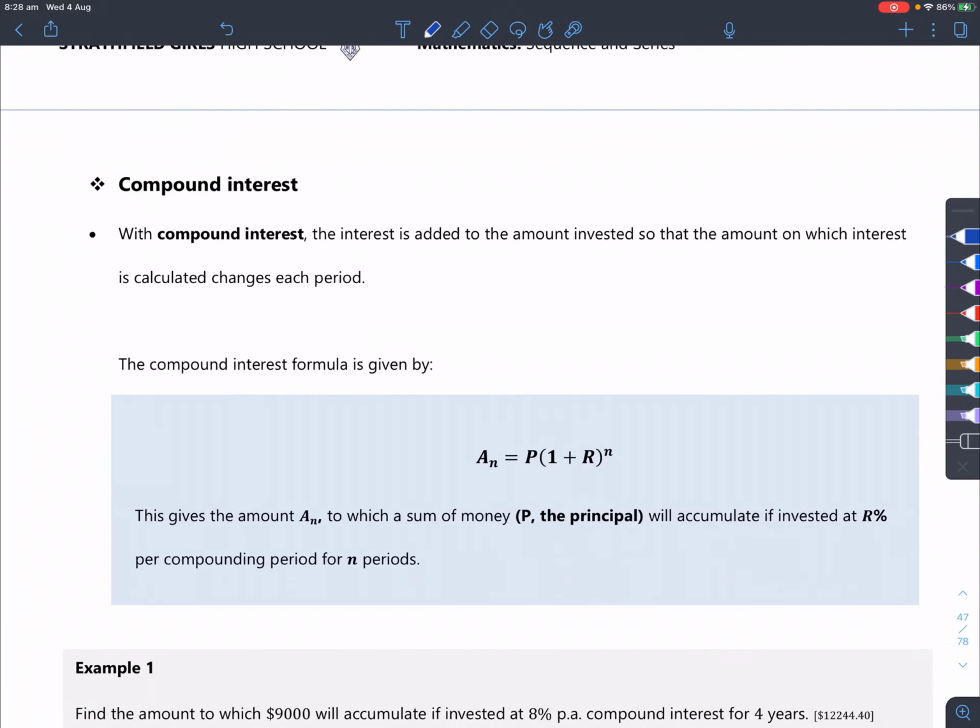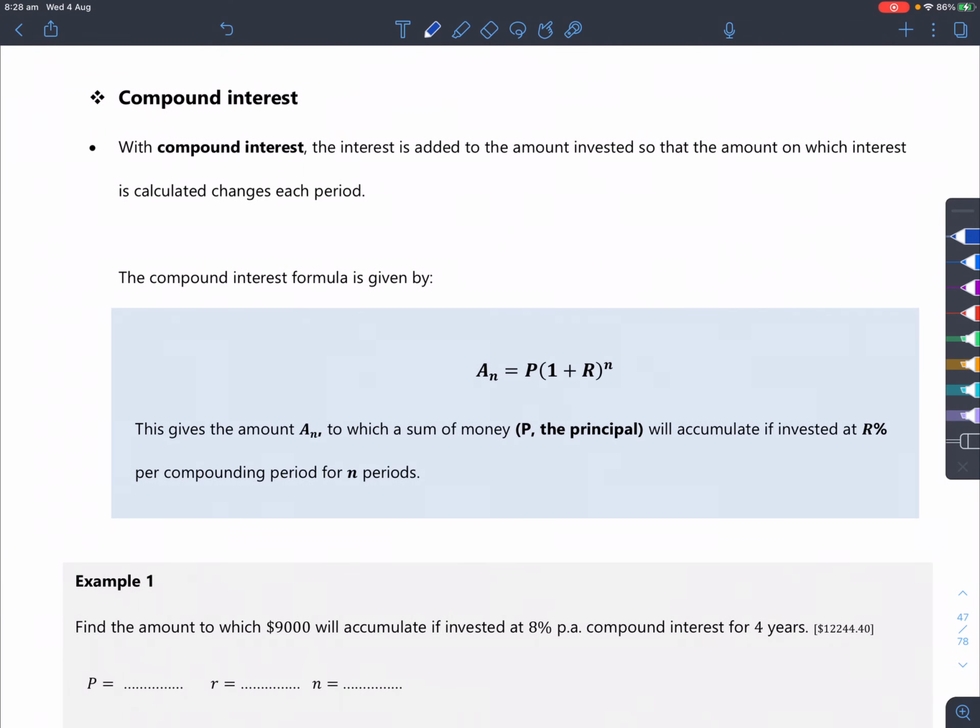Right. Let's look at compound interest now. With compound interest, the interest is added to the amount invested, so the amount on which interest is calculated changes each period. That means we're calculating interest on interest, basically. Let's have a look at the formula.